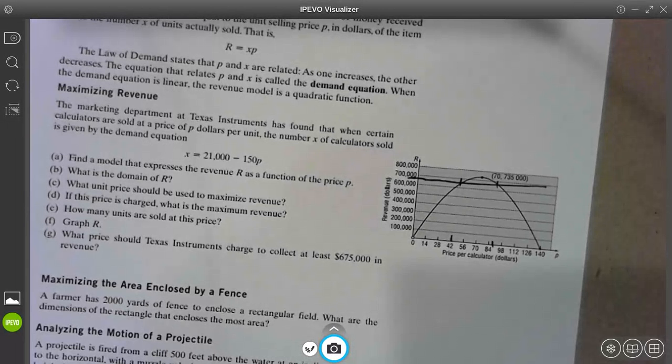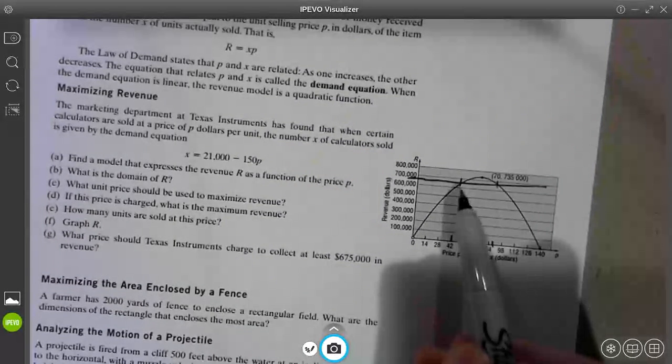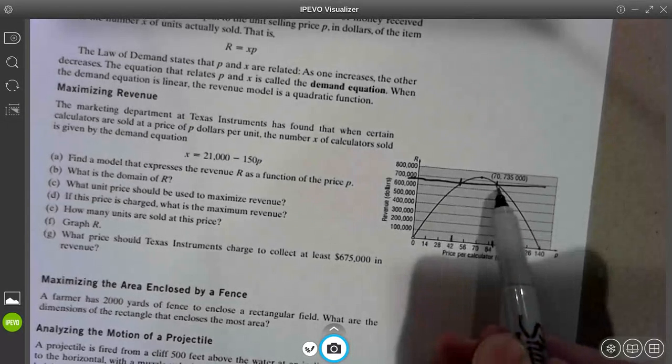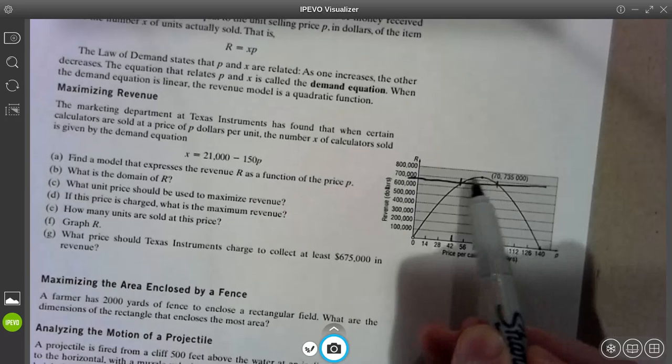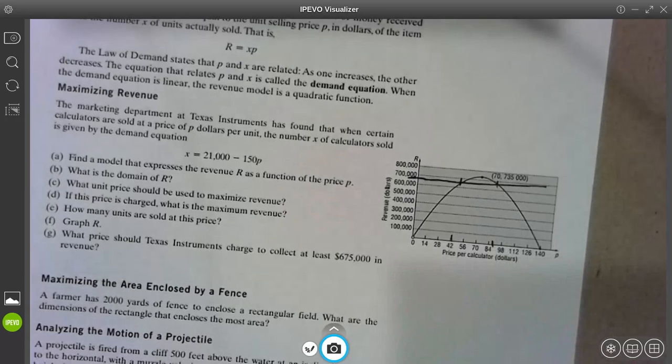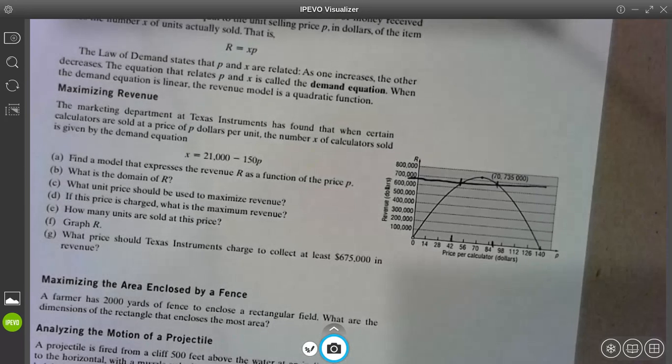So first, we're going to find out what makes it actually equal to $675,000, and you should see there's two prices that are going to make it equal $675,000. And then all the prices in between get you more than $675,000. Then we'll just put the prices in between them, and any price in between them gets the job done.